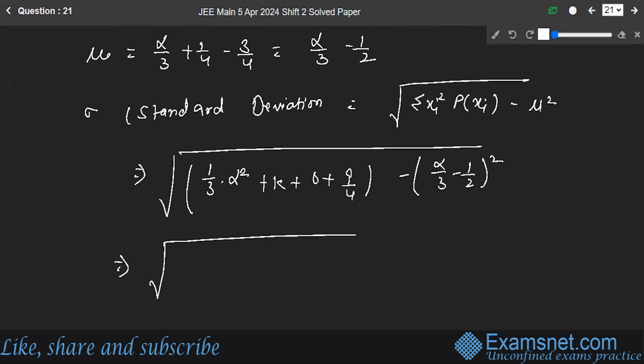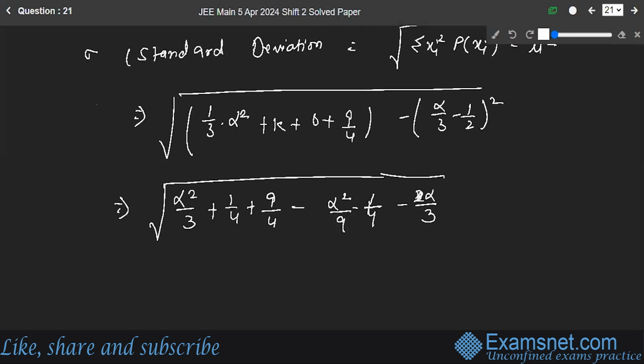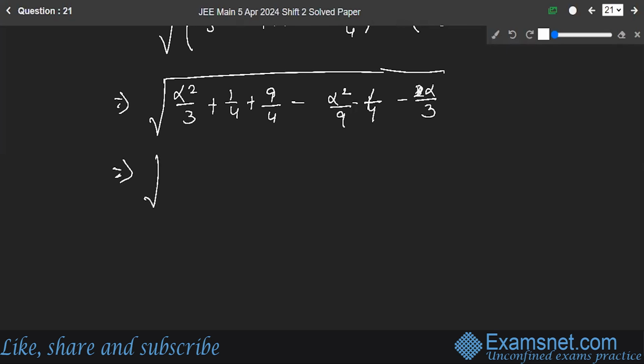This gives me alpha squared upon 3 plus 1 by 4 plus 9 by 4 minus alpha squared by 9, minus 1 by 4, and this will be minus 2 alpha upon 3. 2 will cancel. So this will be the one. This will give me alpha.